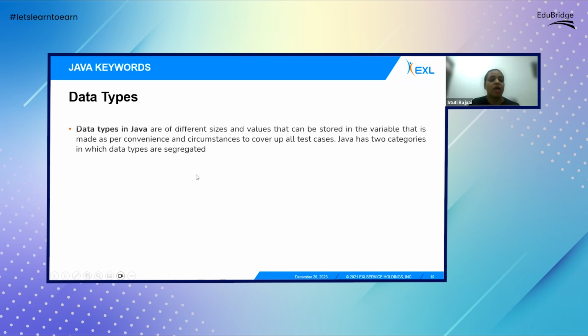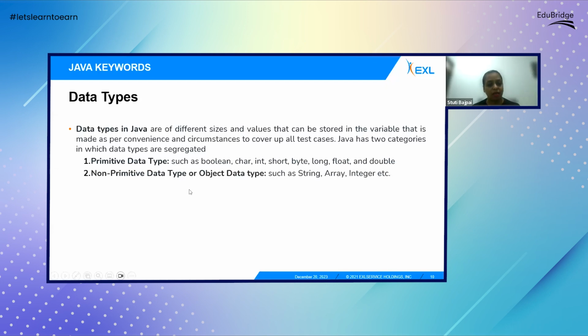Now the data types. As I've told earlier, data types represent the type of data your variable contains. It is of different sizes and values based on the type that you're using. There are two types: primitive, that is boolean, char, int, short, byte, long, float, and double. And then there are class types, object data types, or non-primitive, that is your String and arrays, etc. Integer is a class, and int is a primitive data type.